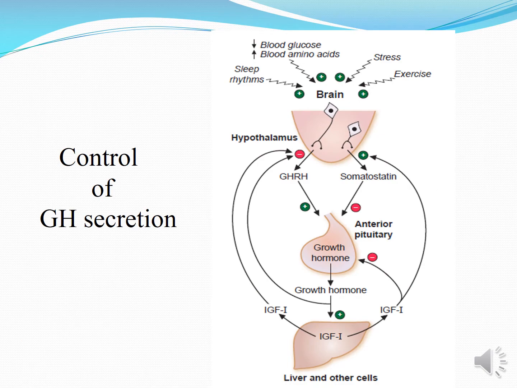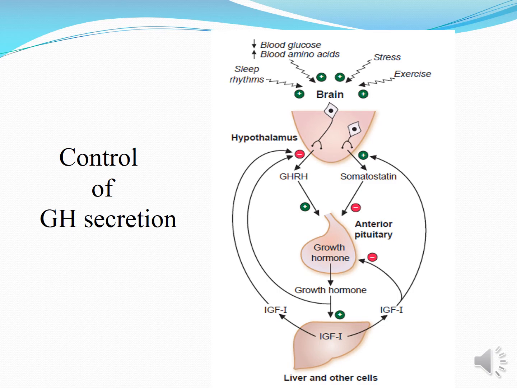The control of secretions of growth hormone, as is clear from this diagram, is that exercise, stress, decreased blood glucose level, increased blood amino acid level, and the sleep rhythm cause effect on the hypothalamus, and they cause increased production of somatostatin, which is the growth hormone release inhibiting hormone, and an inhibitory effect on growth hormone releasing hormone.